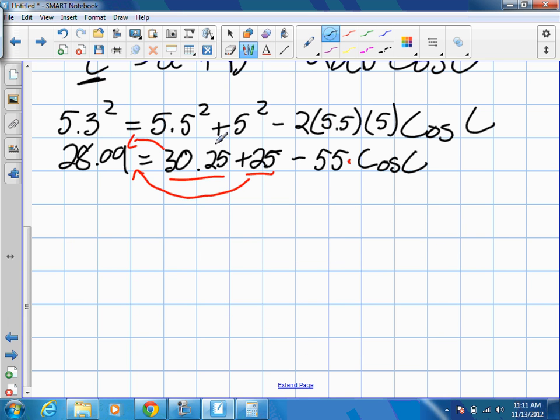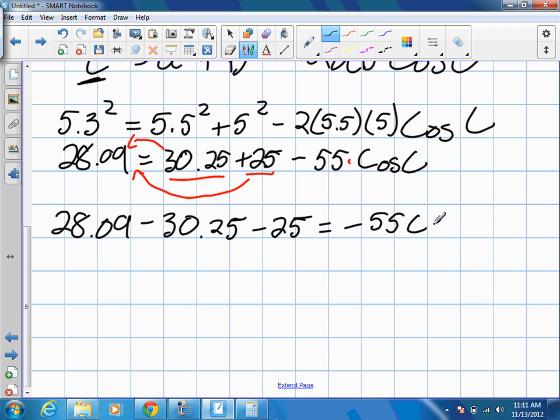So it's going to read 28.09 is equal to, subtract 30.25, because when it moves over it becomes a negative, and subtract 25 because it was positive on one side, so when it moves over it becomes a negative, is equal to negative 55 cos C. Do not move that negative 55 side over until we equate this.